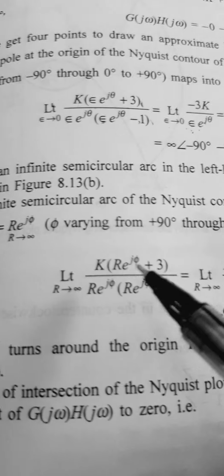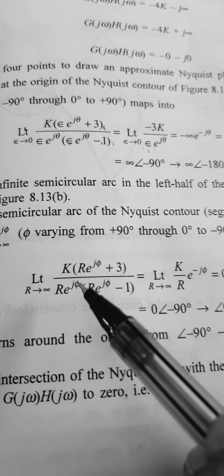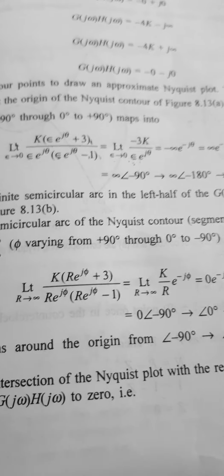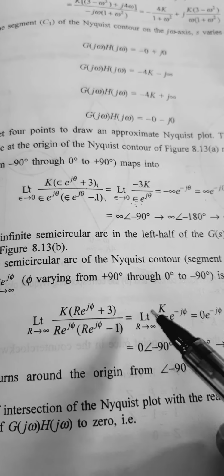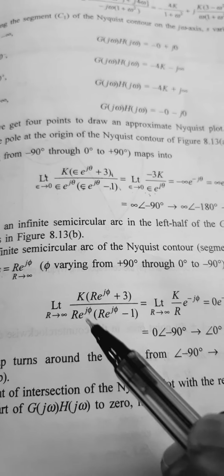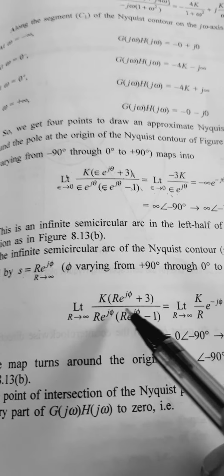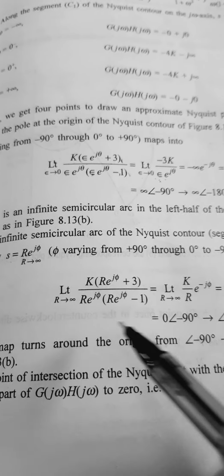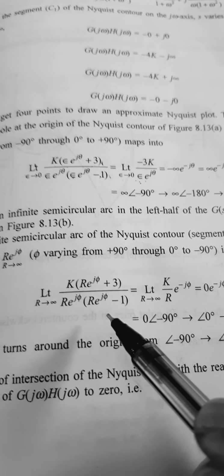So k into R e to the power of j phi plus 3, divided by R e to the power of j phi into R e to the power of j phi minus 1. That is equal to the limit of R tending to infinity. So here, when R tends to infinity, this becomes infinity and this also becomes infinity, so infinity and infinity will cancel.